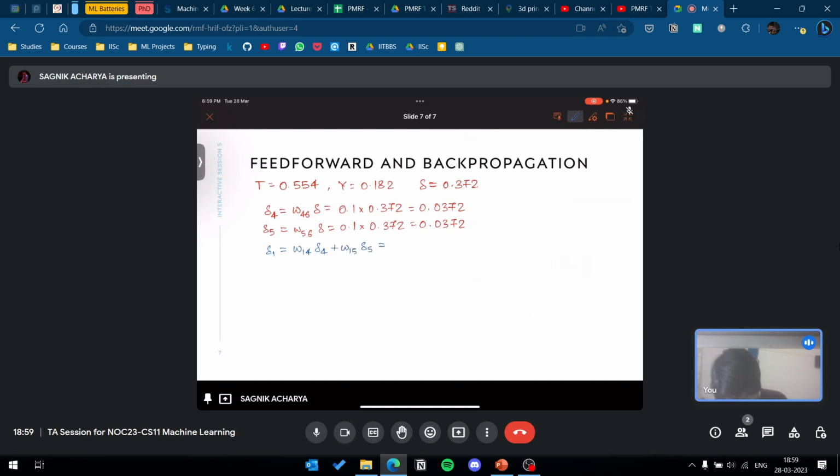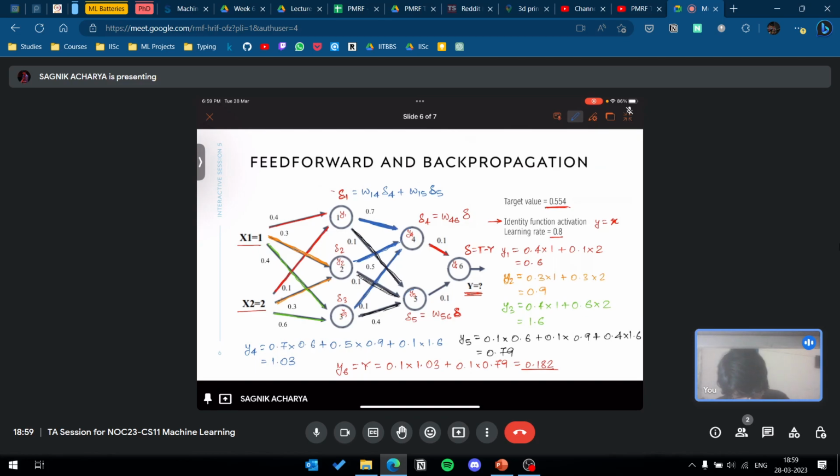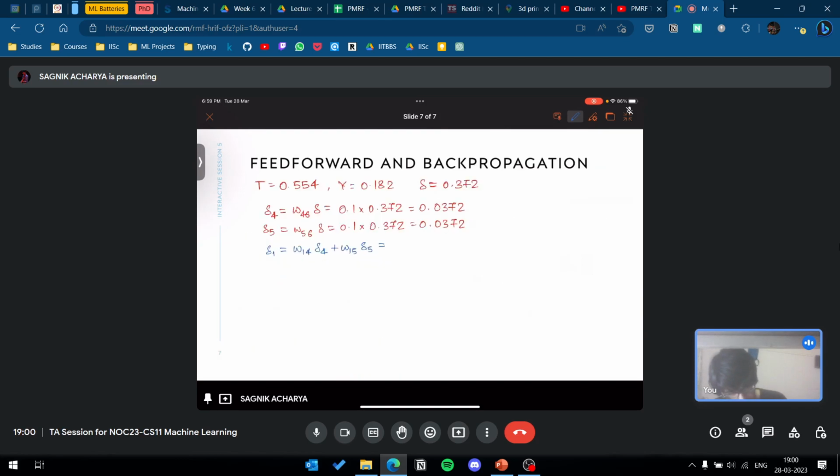So delta 1 is equal to W14 delta 4 plus W15 delta 5. You can see delta 4 and delta 5 are the same, so I'll just add the weights and multiply with delta 4. The weights here are 0.7 and 0.1, right? So we'll have 0.8 times 0.0372, which is equal to 0.02976, right?